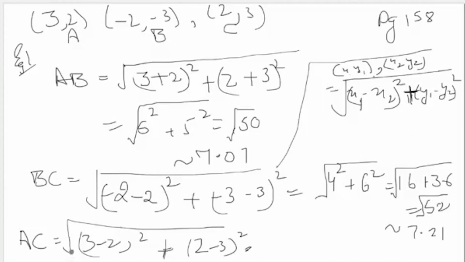That is equal to 1 square plus 1 square is equal to 1 plus 1 is equal to 2. Am I right? I think so. Some problem is there. Is it okay? The approximate value of root 2 is 1.414. Now tell me, is it forming a triangle or not?